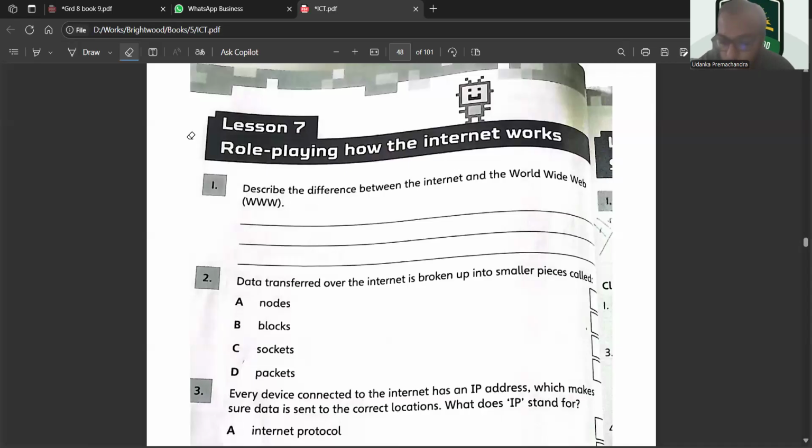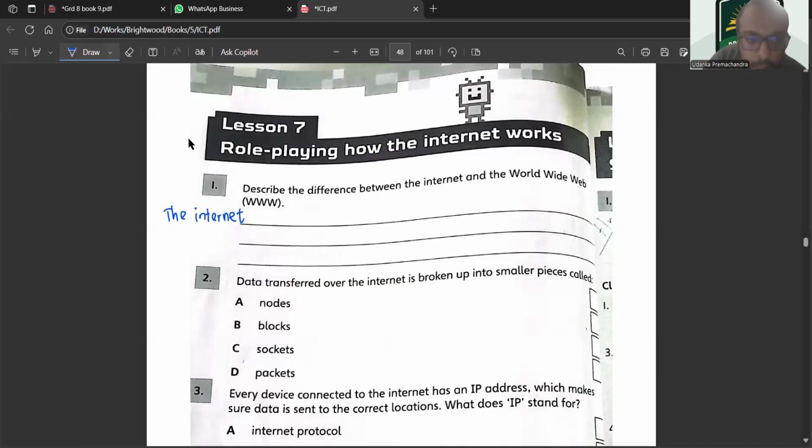Now you want to describe the difference between the internet and the World Wide Web. What is the difference? First of all, write about the internet.